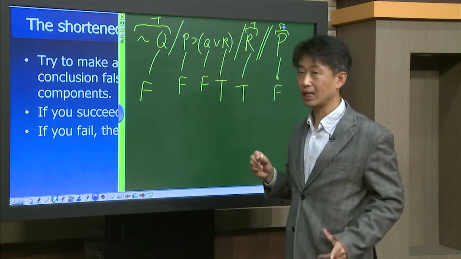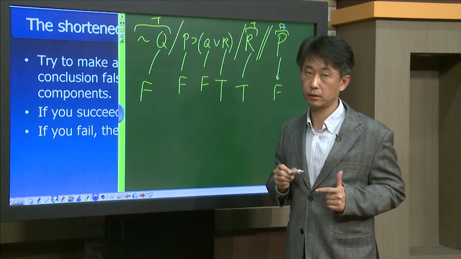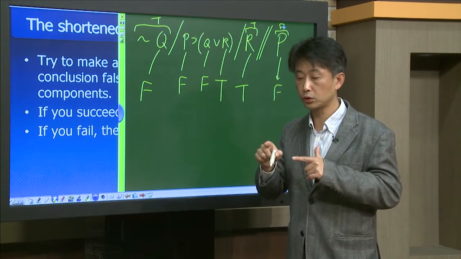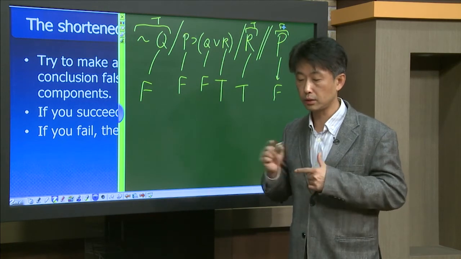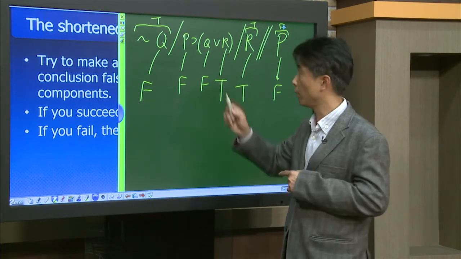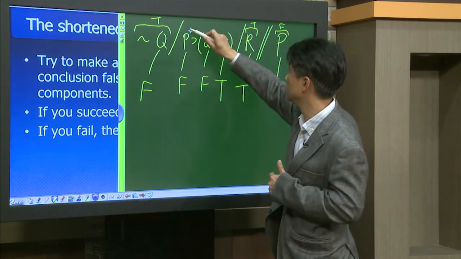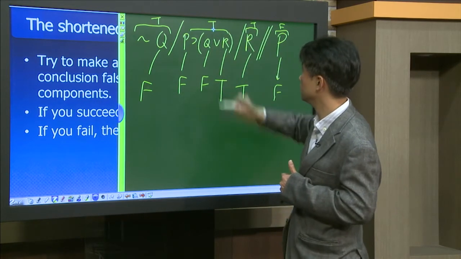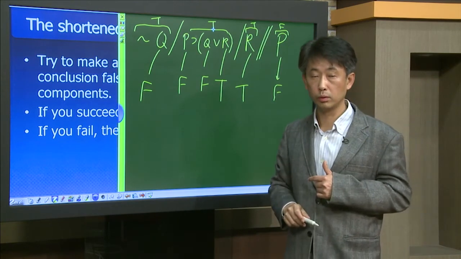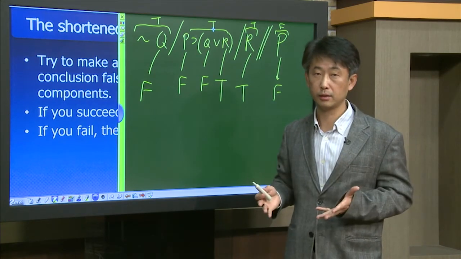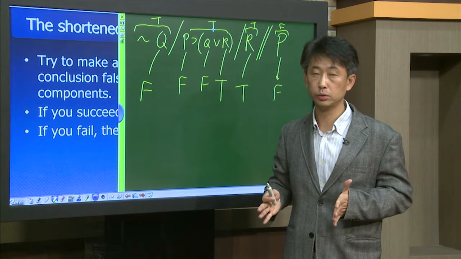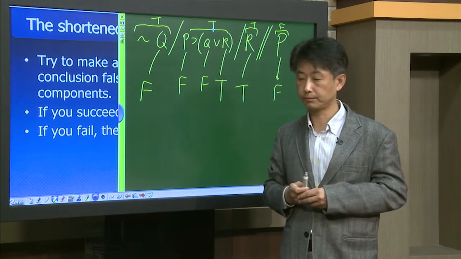Second premise is basically a conditional statement. And you can tell from the truth table for the conditional connective, when the left-hand side is false, the whole conditional is true. So we have just made all the premises true and the conclusion false.